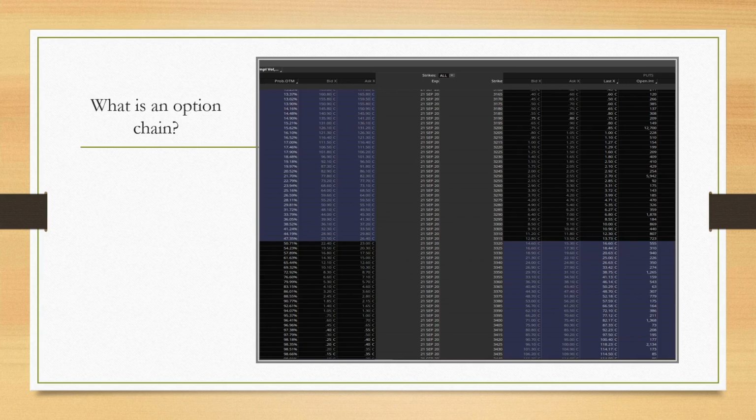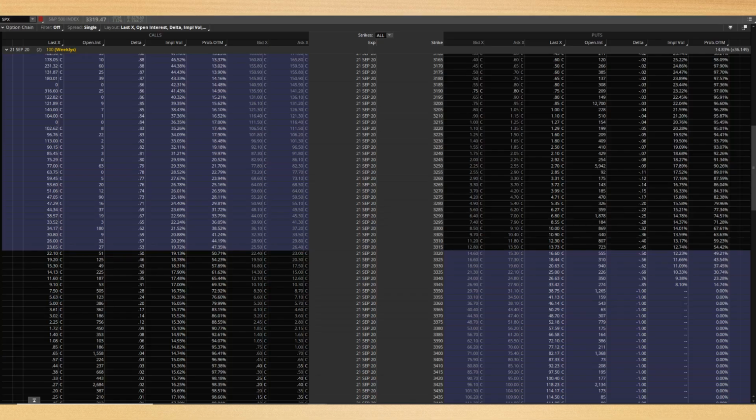Okay, I'll move to the next slide where we have a full view. You can see there's a lot of information. This is an option chain for SPX, which is the S&P 500. The only expiration date I have selected is September 21st, right?